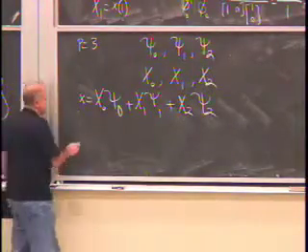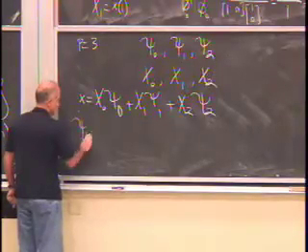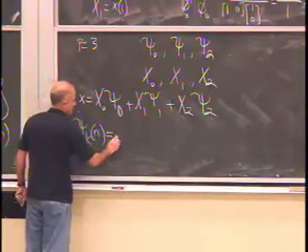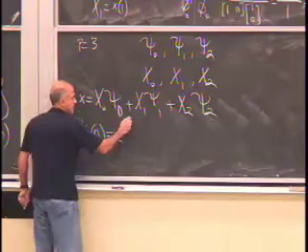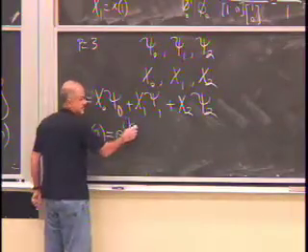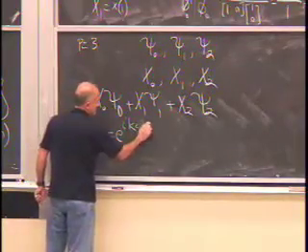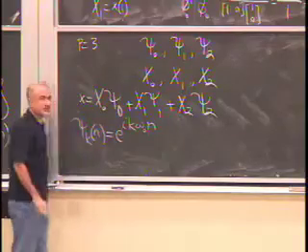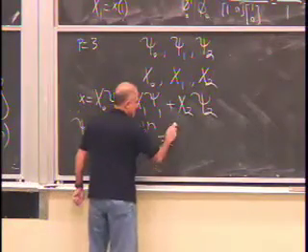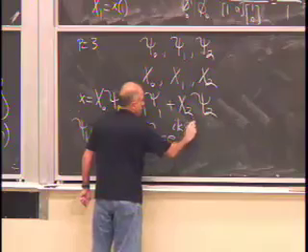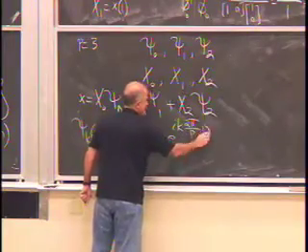If I'm dealing with complex exponentials, I'm looking at e to the i k omega naught n. That's what Fourier series says, for Fourier series theory. Omega naught is 2 pi over the period. So that's what I have.